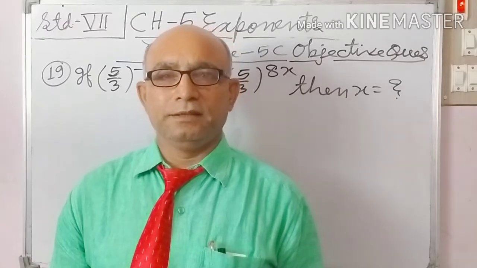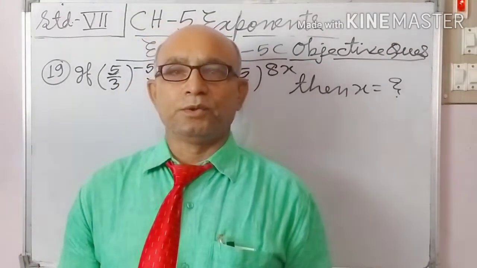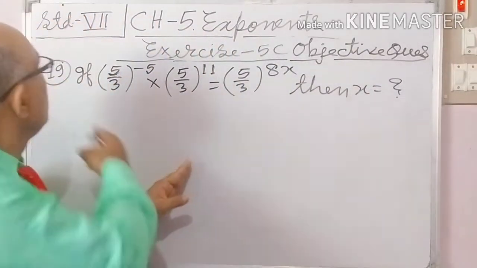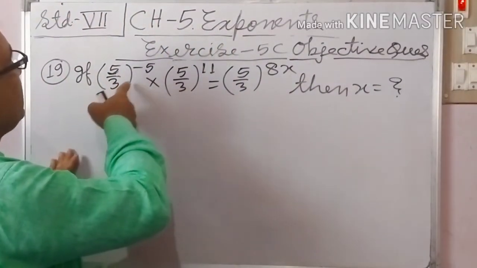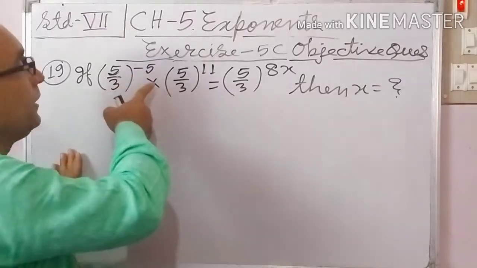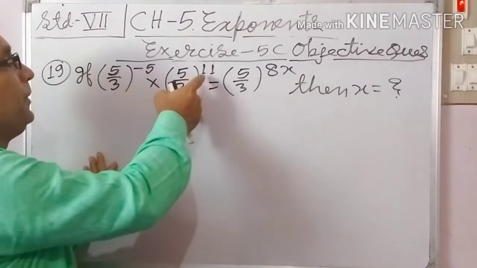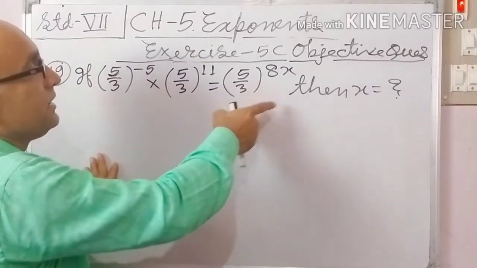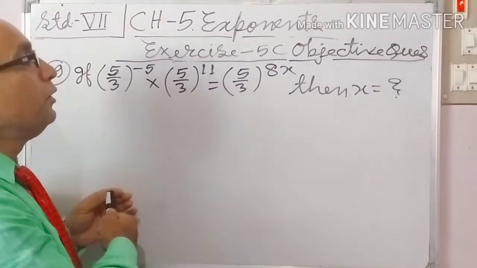Students, again one selected question written on this board is question number 19. If 5 by 3 to the power minus 5 into 5 by 3 to the power 11 equal to 5 by 3 to the power 8x, then x equal to what?